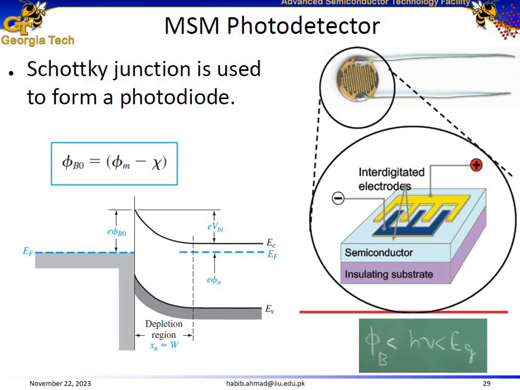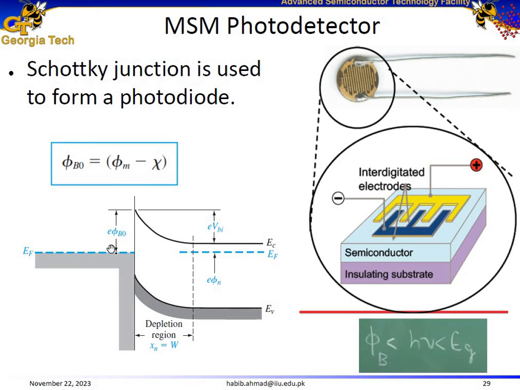Another kind of photodetector is the metal semiconductor metal photodetector. In this case, we have a semiconductor and we deposit two electrodes on top of this semiconductor. As we know from our theory of Schottky contacts, assume an n-type semiconductor.